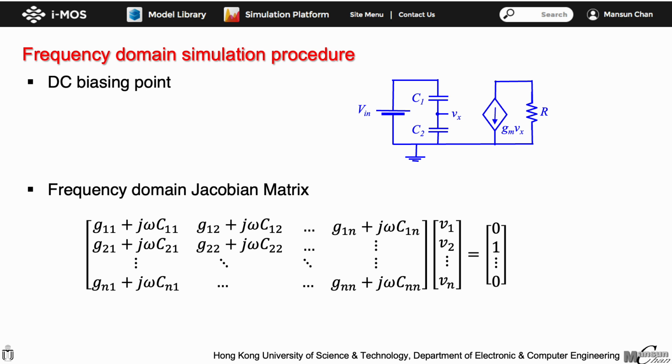The frequency, or omega, serves as the running variable in this matrix. Since all the values are fixed at each frequency point, there is no need for iteration in this simulation. If you would like more information on the simulation procedures, please refer to the previous videos on frequency domain simulation.